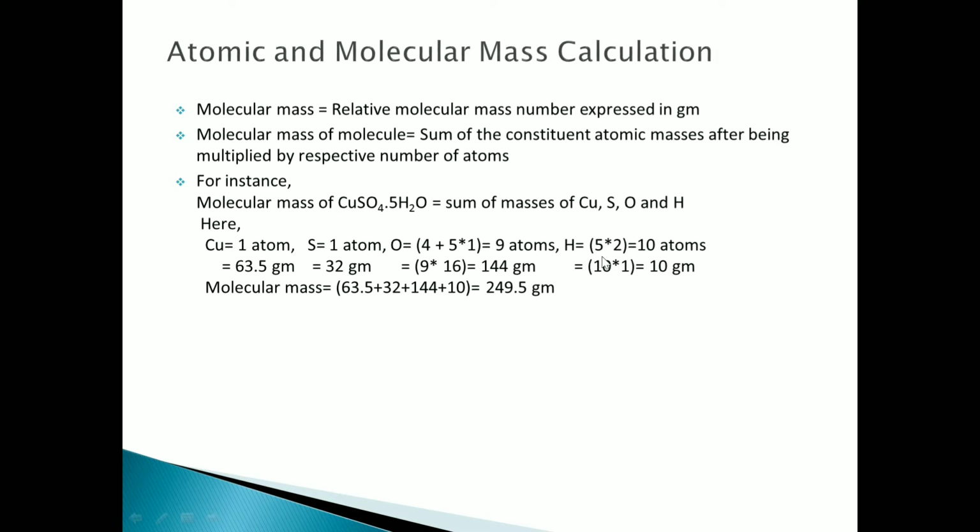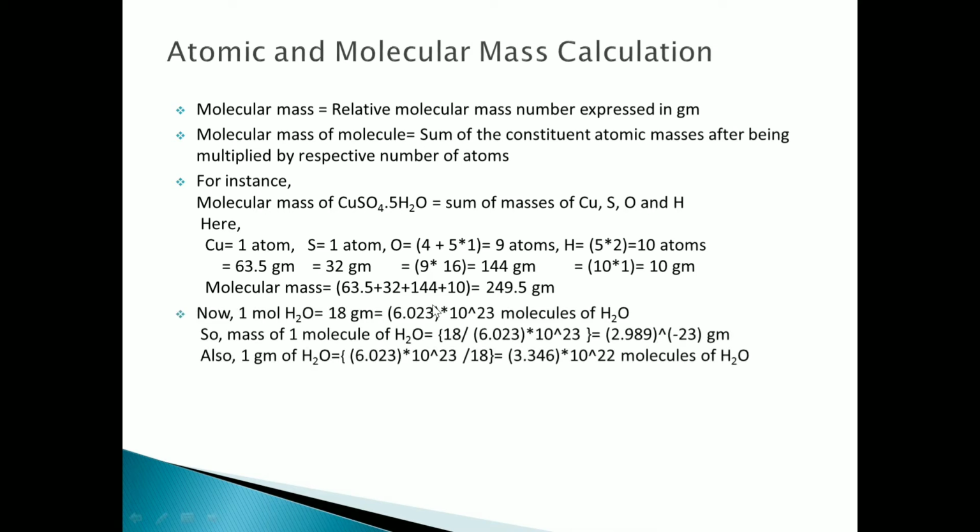Then we have hydrogen. There are 5 into 2, that is 10 atoms of hydrogen, and we know that the atomic mass of one hydrogen atom is 1 gram. Therefore the total mass of 10 hydrogen atoms will equal 10 gram. Therefore the total molecular mass of copper sulfate pentahydrate is 63.5 plus 32 plus 144 plus 10, which equals 249.5 gram.